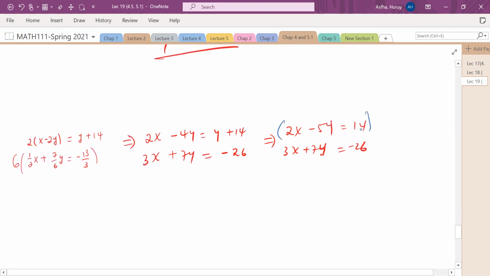So multiply this by negative 3 and this one by positive 2.